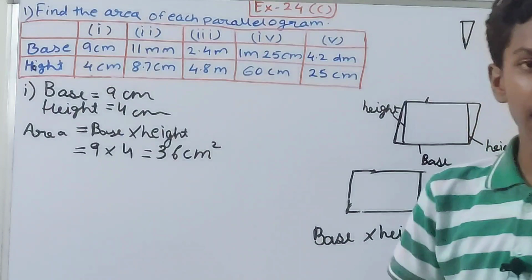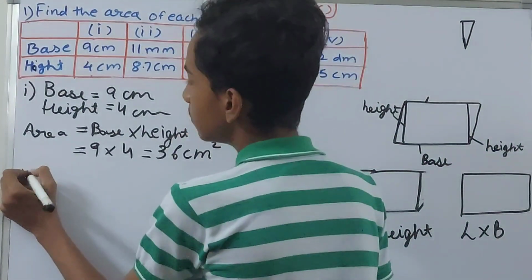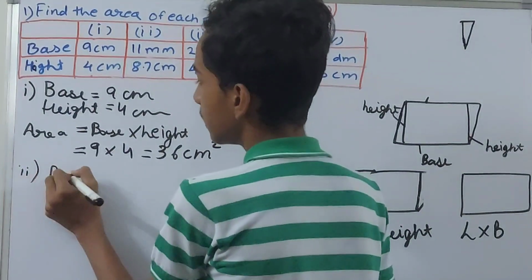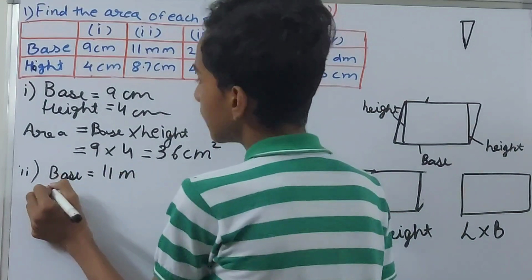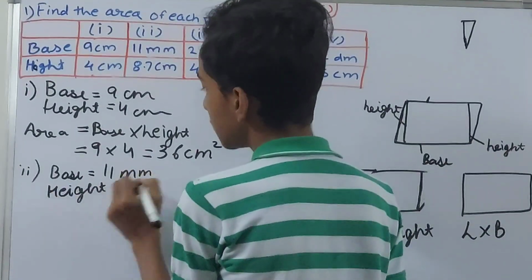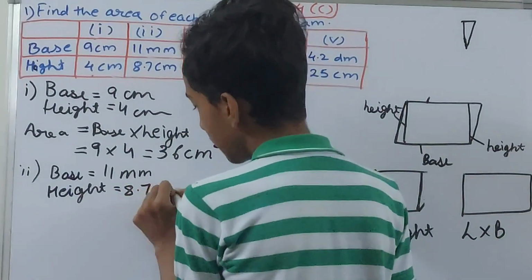This becomes our area in the first part. Same thing for the second one. Have a look, the base is 11 millimeters, and the height is 8.7 centimeters.